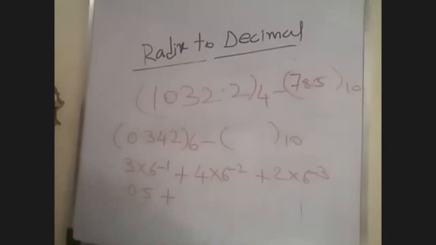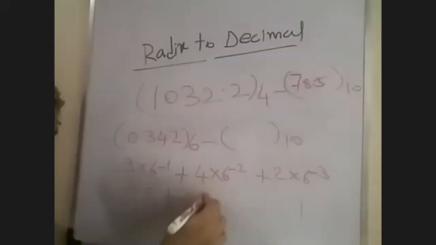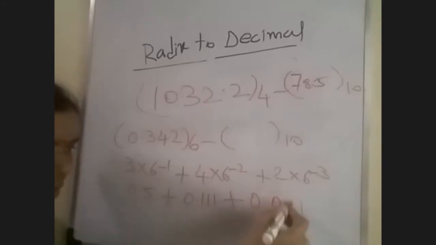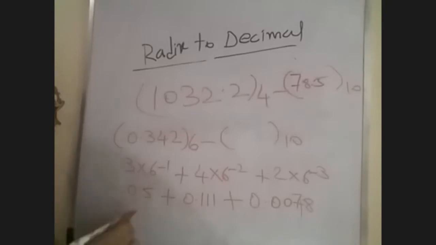Yeah, 0.5, plus 4 into 6 power minus 2, which is 0.111, plus 2 into 6 power minus 3, which is 0.0078. You can add these values, and totally the value will become 0.620 something, right? So you add these values and finally you get the result.